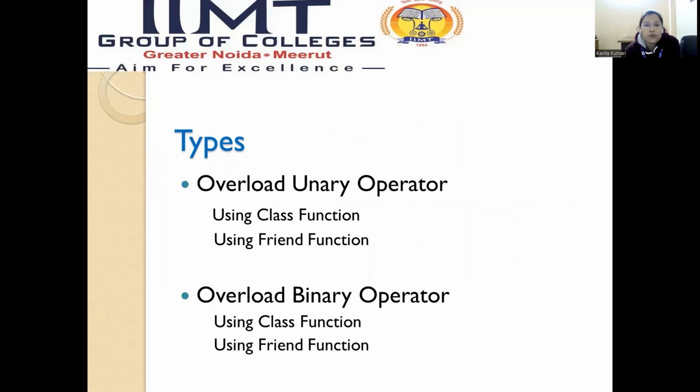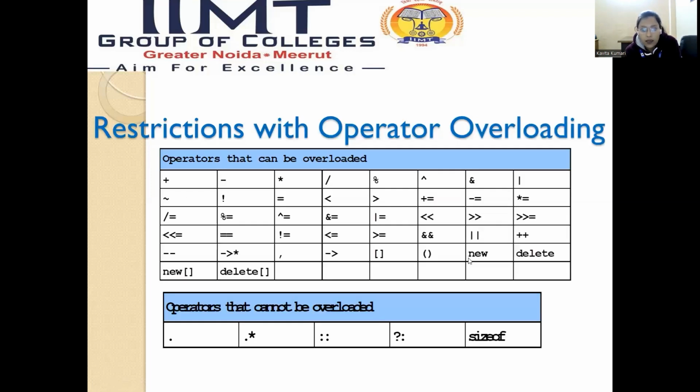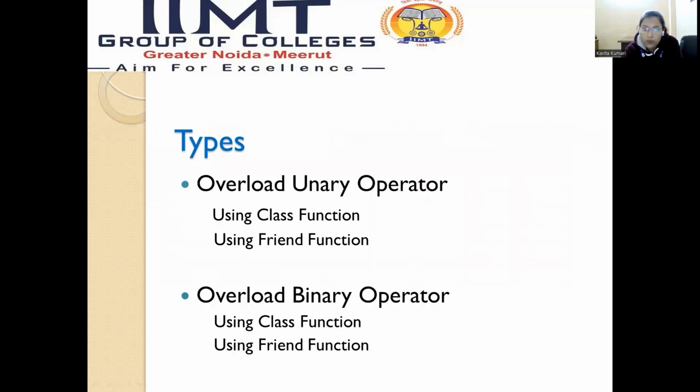Now, there are types of operators that can be overloaded. We already discussed that we can't overload this operator. What is this? This is the ternary operator. We have 3 types of operators in C++: unary, binary, and ternary, from which the ternary operator can't be overloaded. So what are the remaining operators?